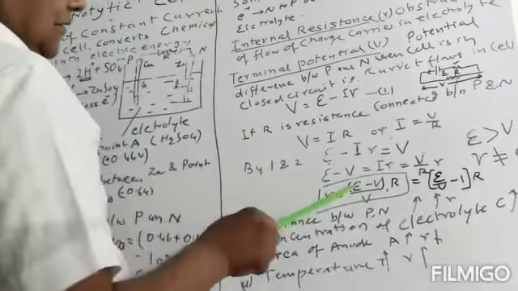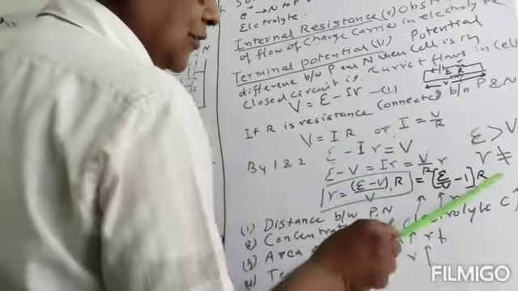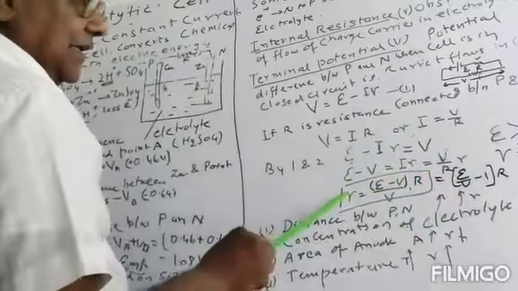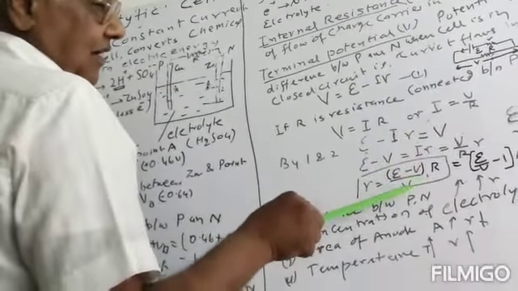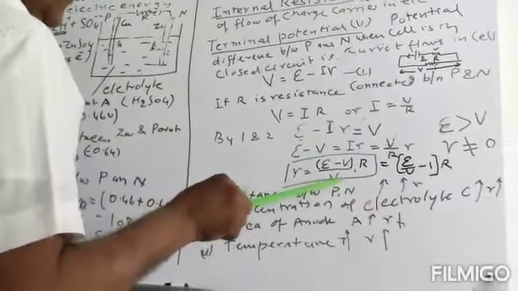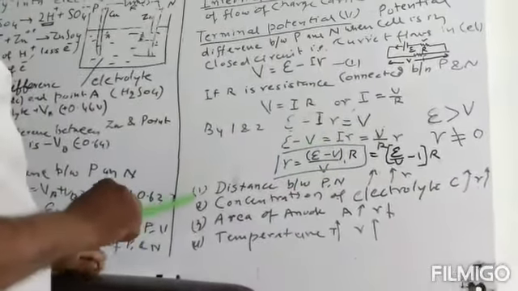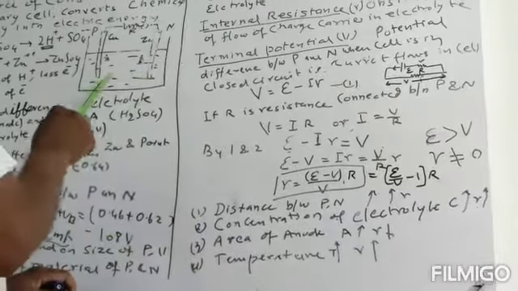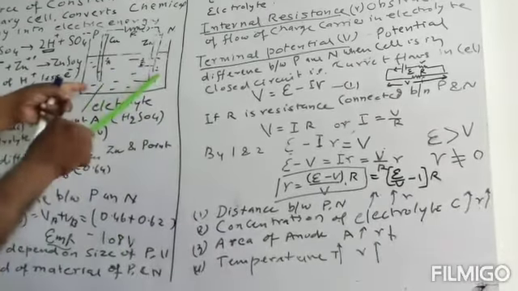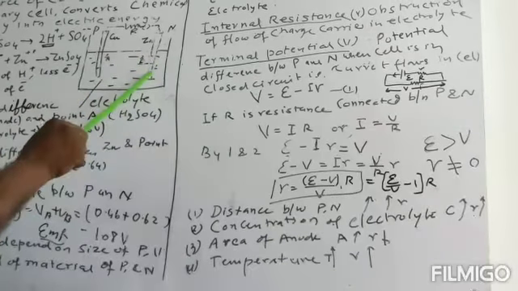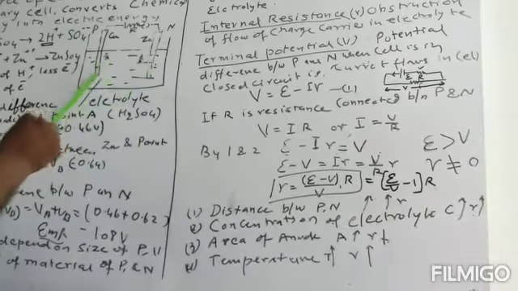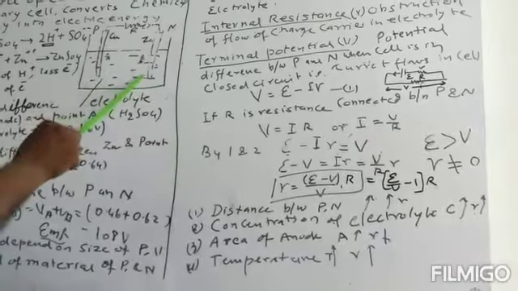Now the internal resistance of a cell is not a constant quantity. It varies and depends upon many factors. Number one, it depends upon the distance between the electrodes. If we increase the distance between the electrodes, the length of the path will increase, so the internal resistance will increase.